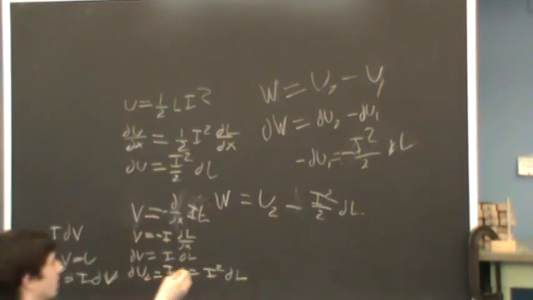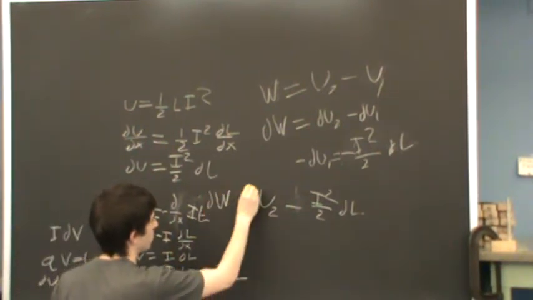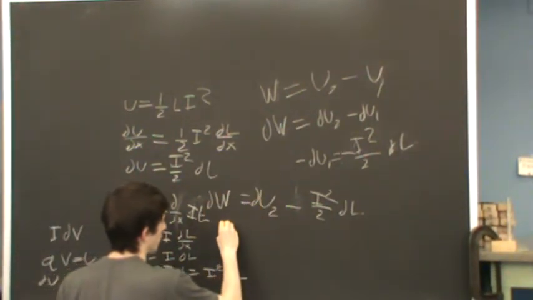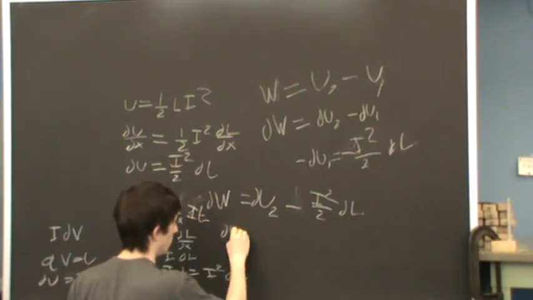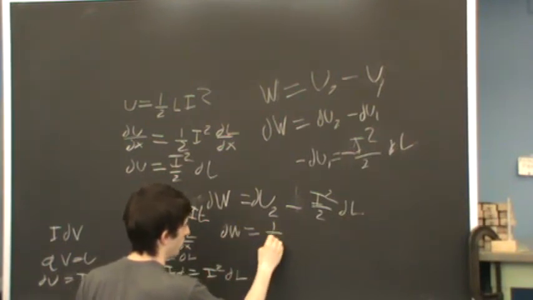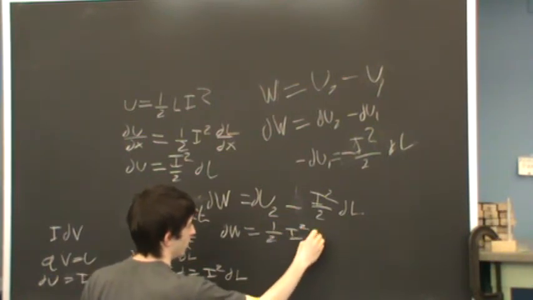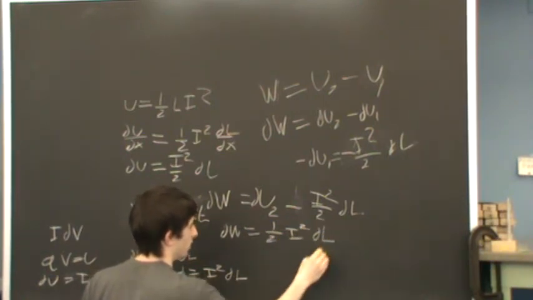And that's completely pointless that I had to do this, because I could have declared it from the beginning. But it's dw equals 1/2 I squared dl.